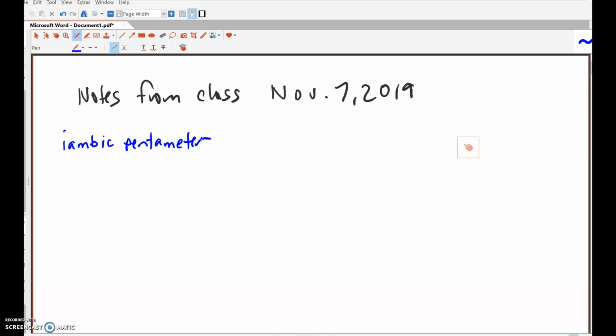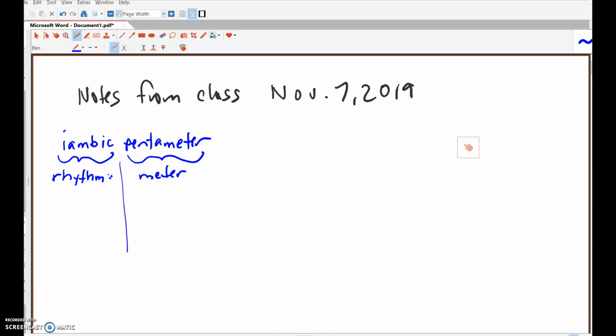Okay, an iambic pentameter means a couple of things. The iambic gives you the rhythm, and the pentameter tells you the meter. Okay, what's the definition of rhythm?